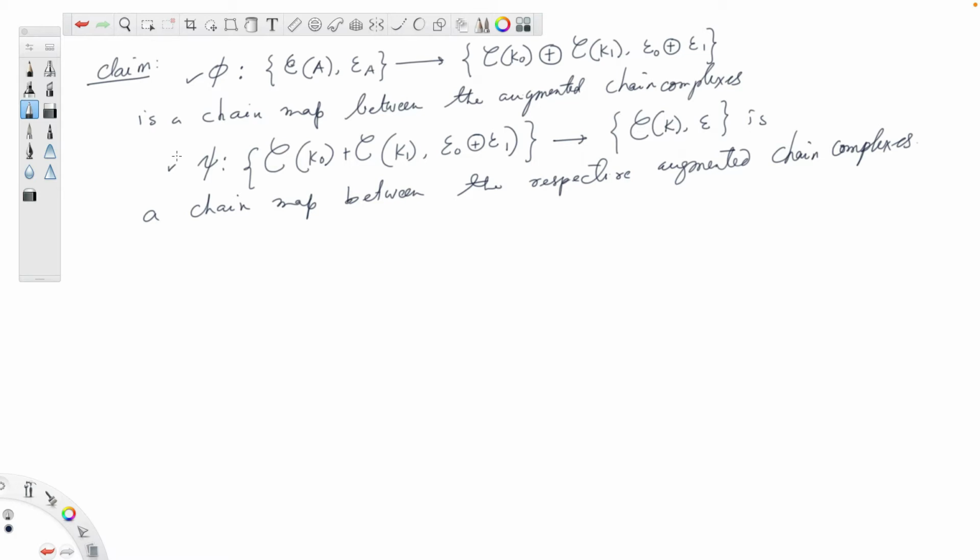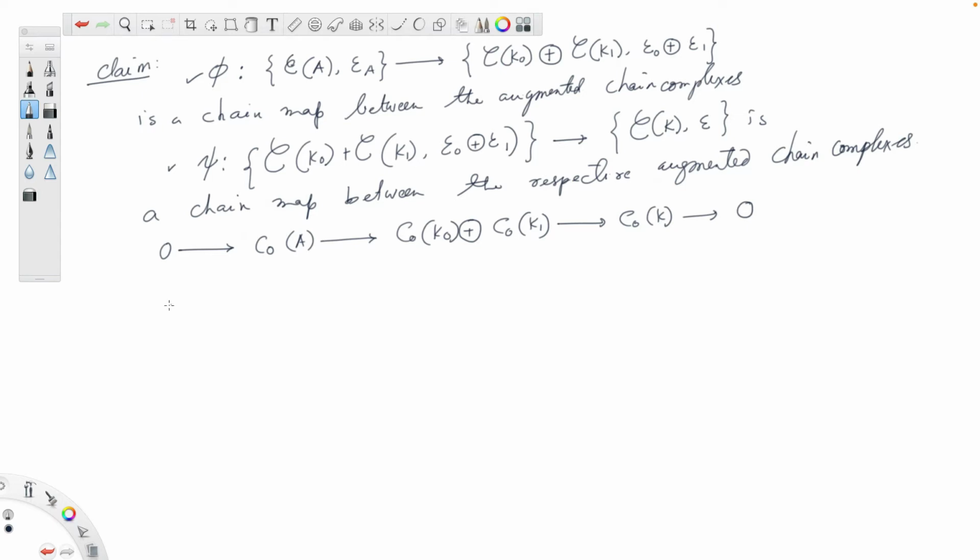Okay, so let me draw this commutative diagram. On the top there is an exact sequence 0 to C0 of A, from C0 of A to C0 of K0 direct sum C0 of K1, and then from the direct sum of these two pieces to C0 of K, and then from C0 of K to 0, the trivial group containing the identity element only.